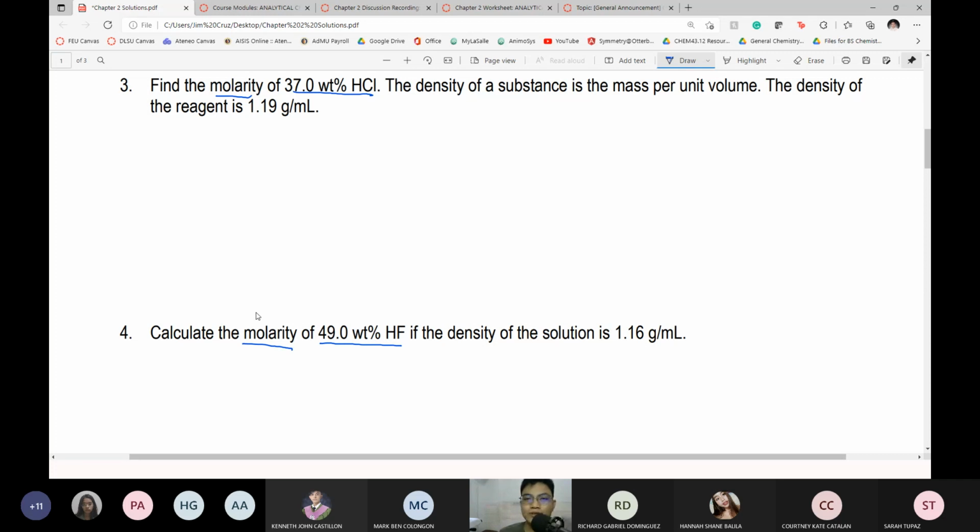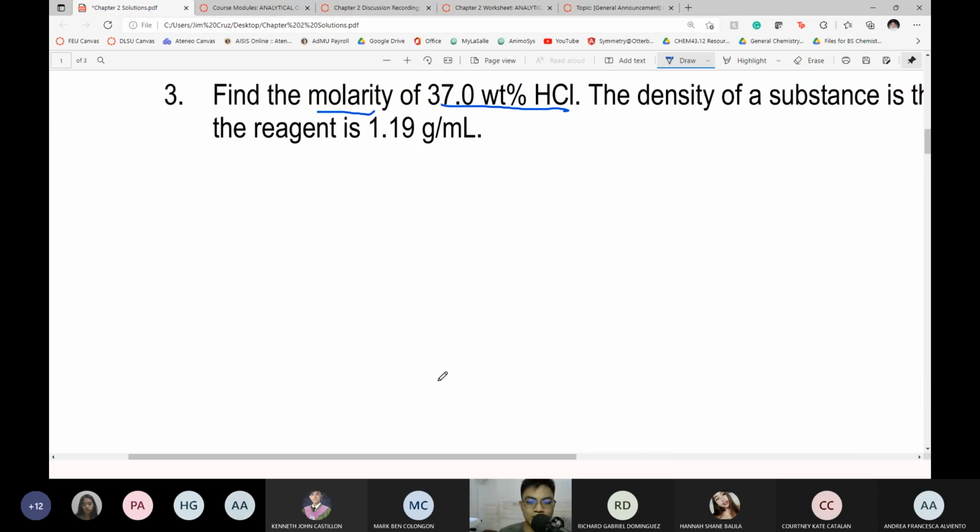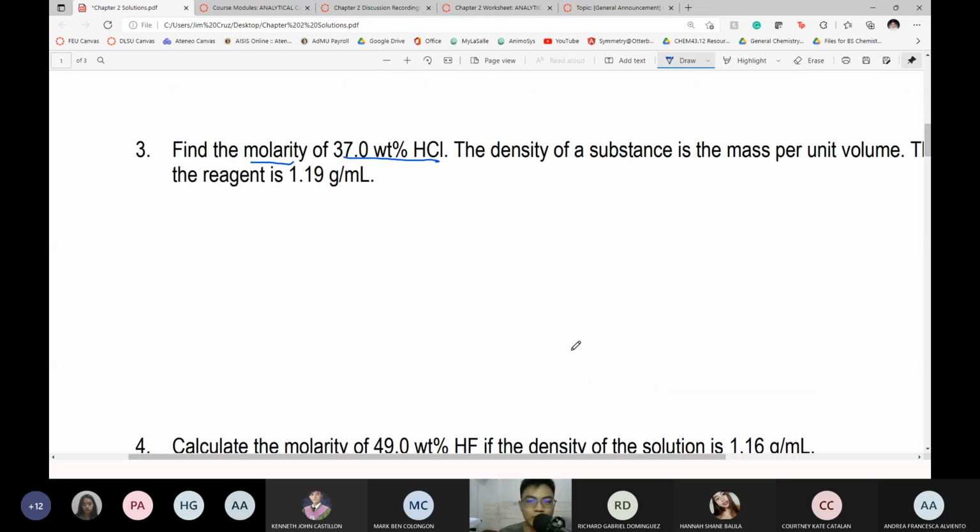So since it is possible to convert one concentration unit to the other, the question is how. I will use problem number 3 for this demonstration. Let's answer problem number 3.